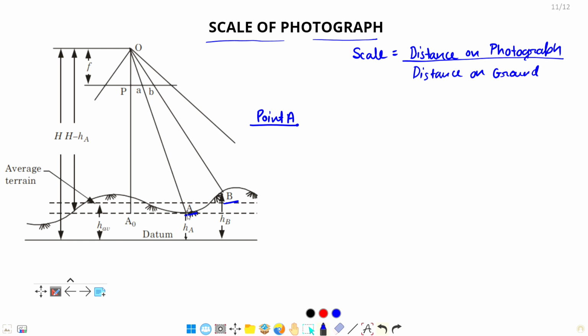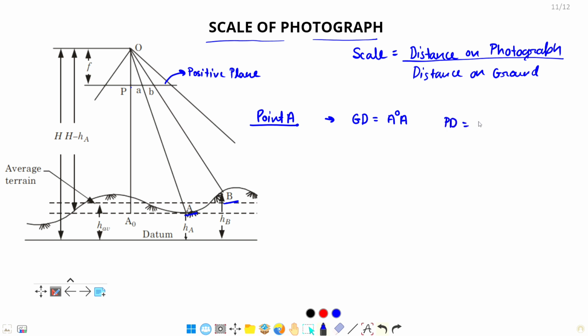Here A not A. Ground distance, which I am representing with GD, is A not A. This A not A is the ground horizontal distance. And the distance on the photograph plane, the positive plane, shown by this line, is this PA.